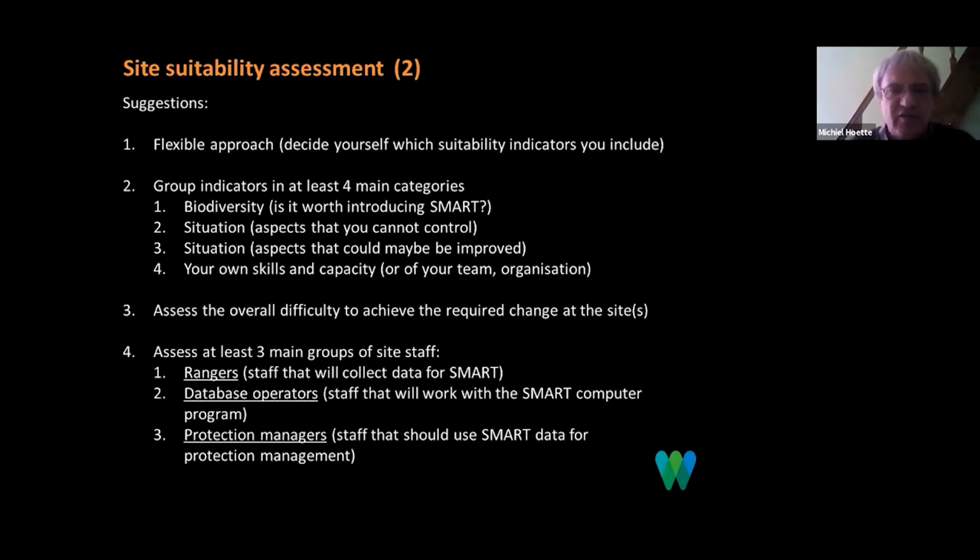First, which is obvious, is biodiversity. Basically, ask yourself the question, is there biodiversity that is worth protecting? And that maybe requires SMART to improve the protection.